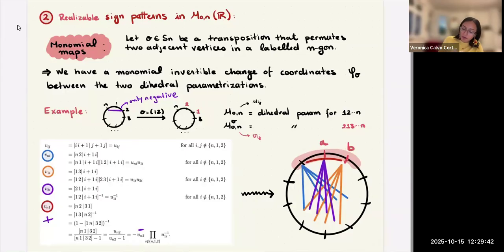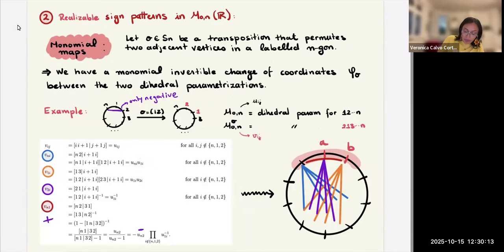So as I was mentioning before, if I make, let's say more in general, a transposition AB, the only chords that are affected are the chords that touch these 3 vertices. And they have one particular formula. So the orange formula corresponds to this. So it comes multiplied by the one before. The blue ones are also going to be multiplied, in this case, by the one after.